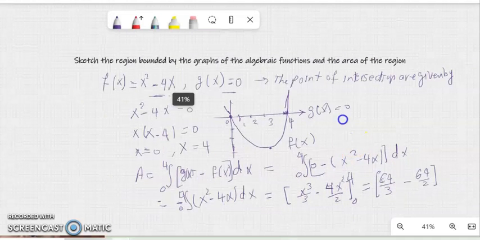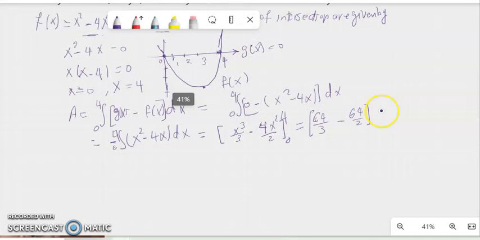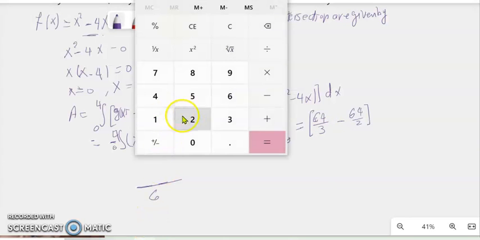Now I will simplify this. We take the common denominator, which is 3 times 2, 6. Six over 3 is 2, and 2 times 64 equals 128.